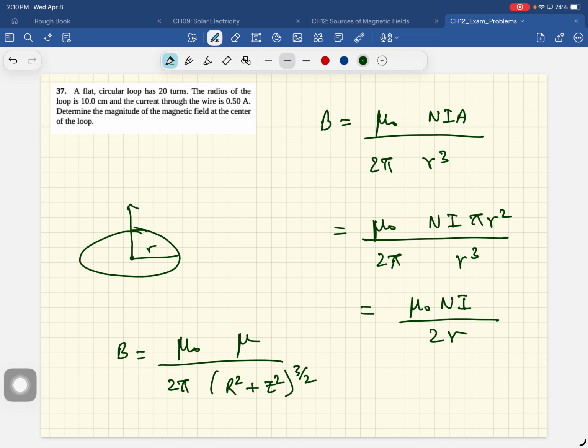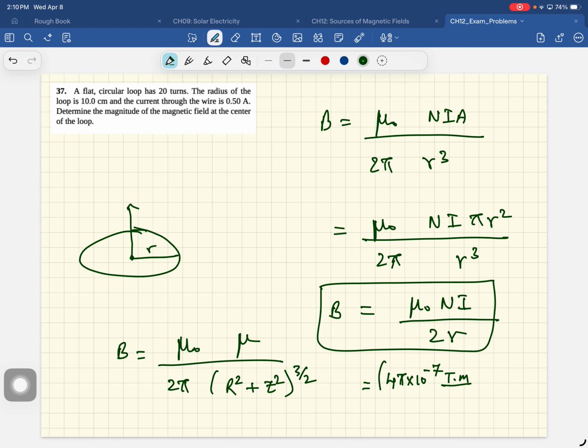Mu over 2 pi, the field at this point is r squared plus z squared to the power 3/2, the strength of the magnet times that. So the field due to this guy, z would be d by 2.